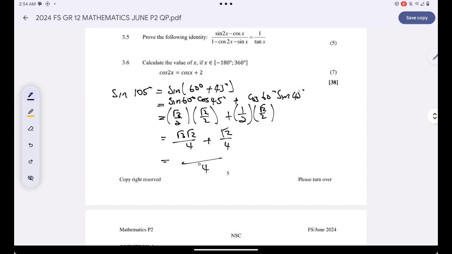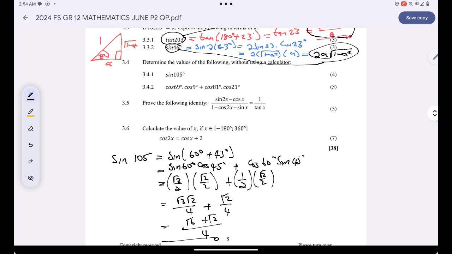Let me just add the fractions. Root 3 times root 2 is root 6, and then here I'll have root 2. This will be my answer. So now I know that this guy will be equal to root 6 plus root 2 over 4.